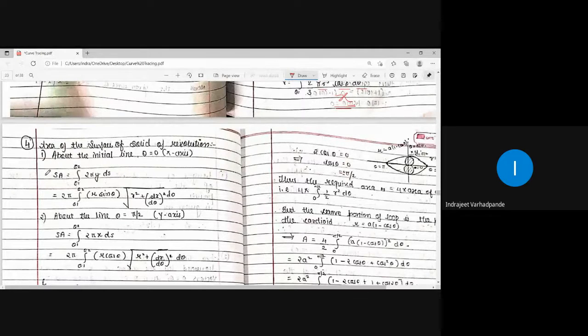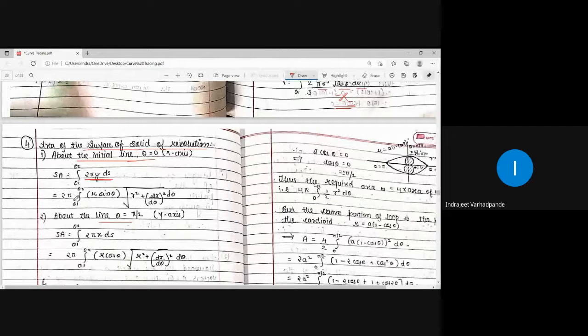The last one is the area of surface of solid of revolution about the initial line theta is equal to 0, that is the x-axis, and about the line theta is equal to pi by 2, that is the y-axis. This surface area is given by integral theta 1 to theta 2 of 2 pi y ds. What is ds? ds is the length of the arc, that is under root of r square plus dr by d theta whole square, and integration is done with respect to theta.